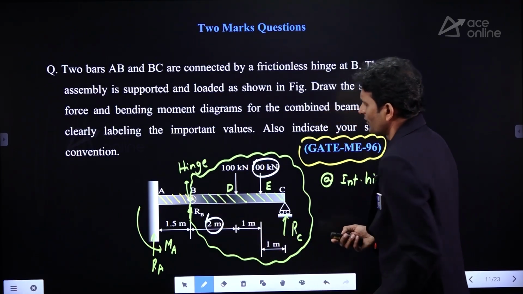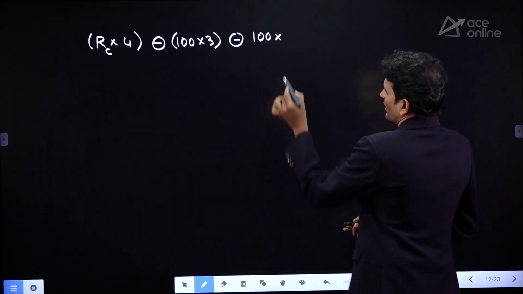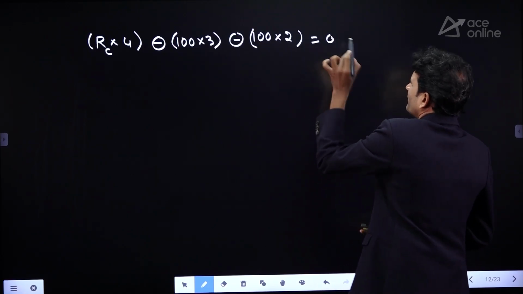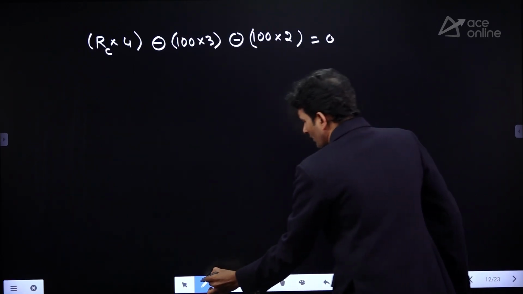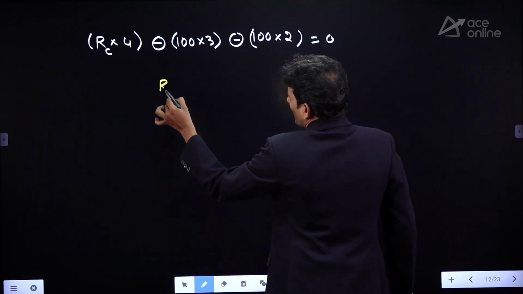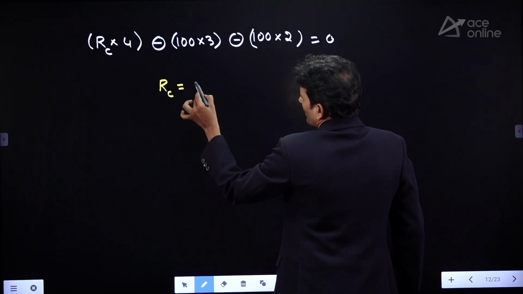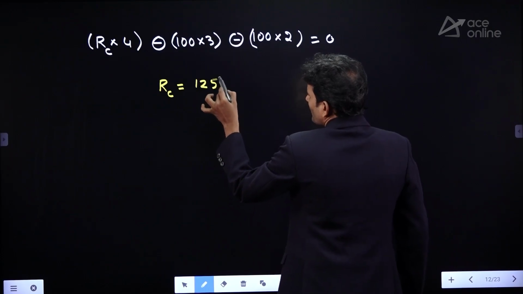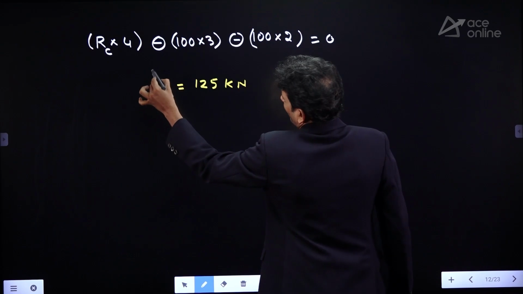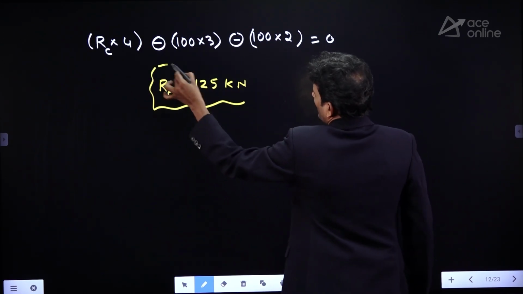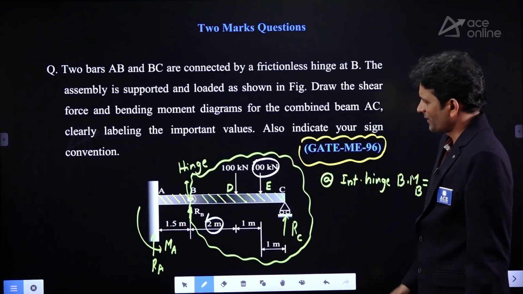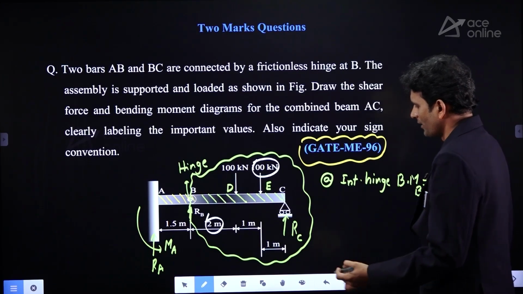This is a 2. Altogether 0. So, from this, try to find out RC. When I find RC, how much do we have, my dear friend? 125. Just simplify this and you have RC equal to 125 kilonewtons.